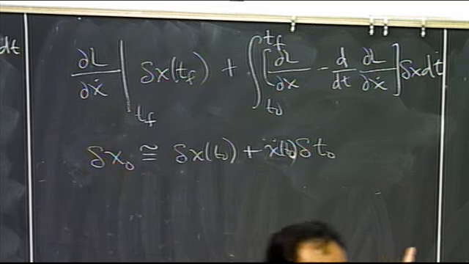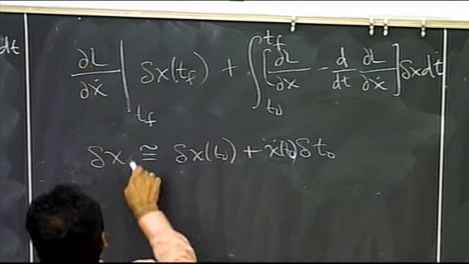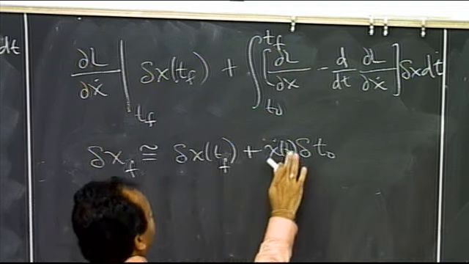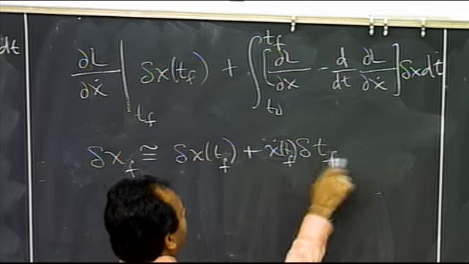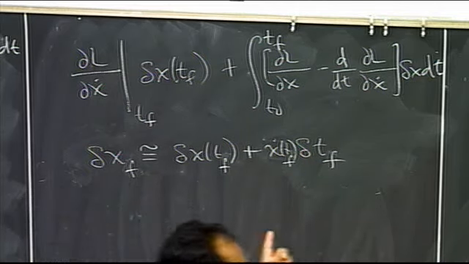That's the condition that we have for the variation at the end. Sorry, it's tf. Mistake. It's tf. Okay? So that's what's happening.